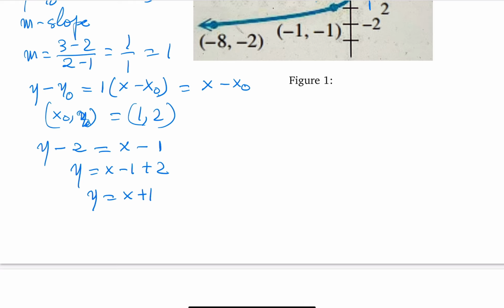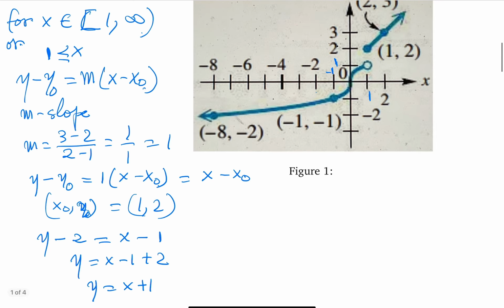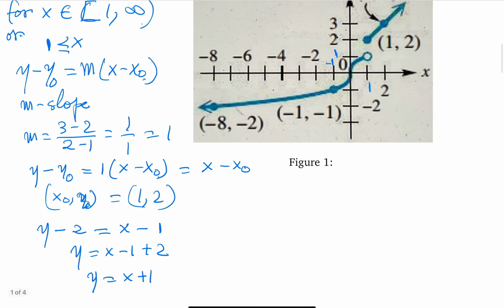Look at here. This one is the equation of that line. Got it?